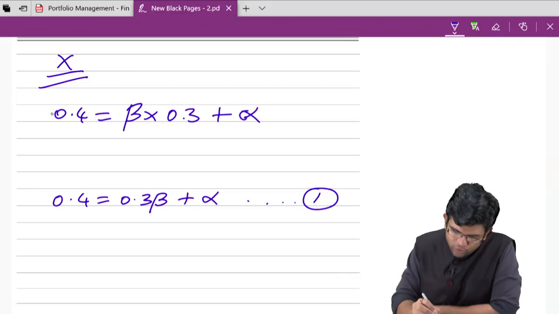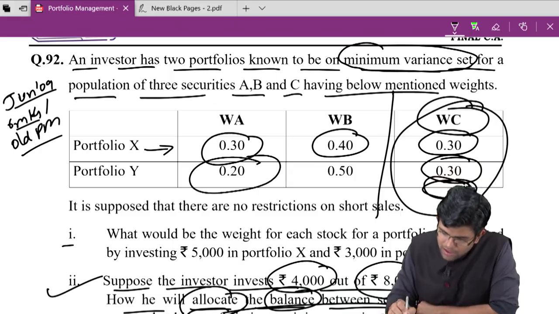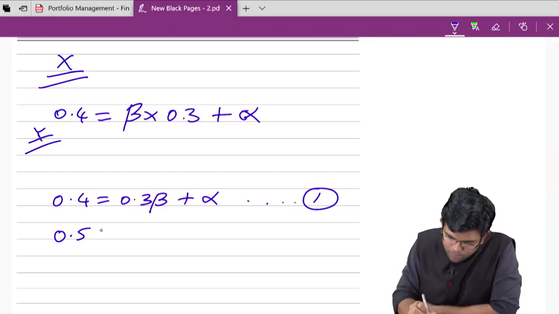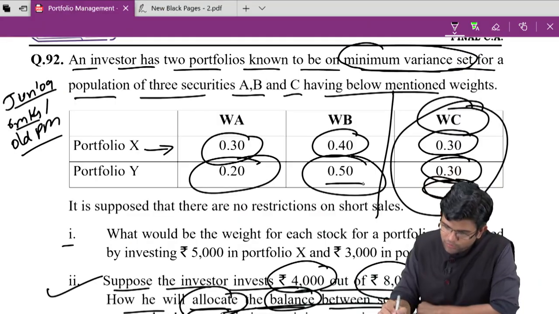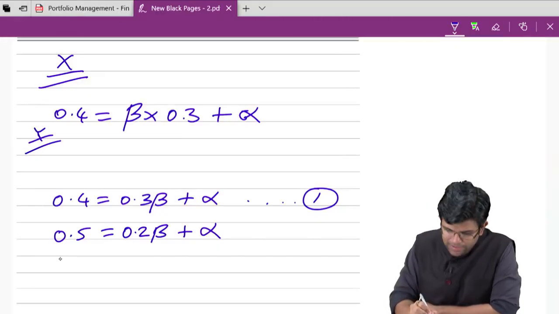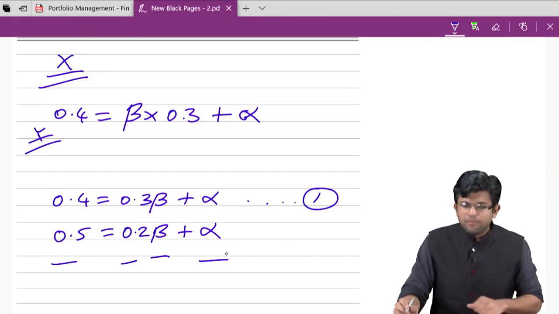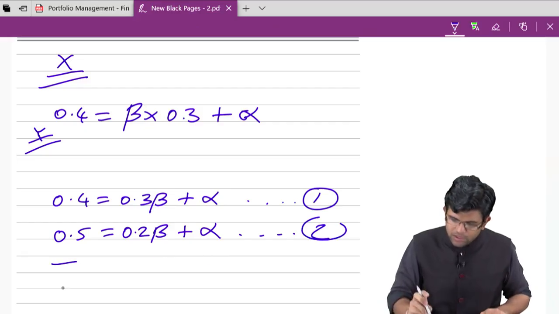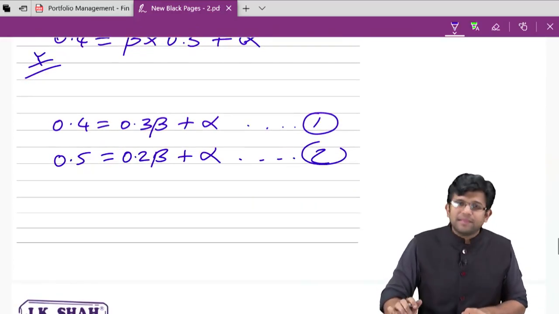Students, as far as portfolio Y is concerned, you can see WA and WB are 0.2 and 0.5. So can I write that WB is equal to WA into beta plus alpha, correct? WB was 0.5, WA is 0.2, and WB is equal to beta into WA plus alpha. Yes, so the numbers are now put. This obviously becomes equation 2. Students, how should I now solve them simultaneously to calculate the beta and alpha figures?